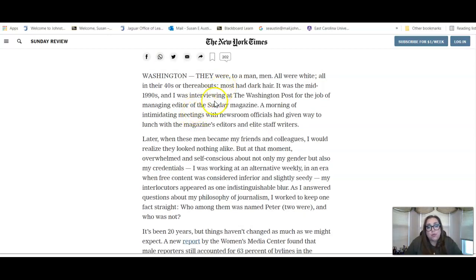Notice also with the op-eds that they start off with something kind of catchy, kind of conversational. This is more of a public kind of writing, a media form of writing. It's not as academic as you may do in your classes, but we're just looking at it to see how people utilize opinions, publish opinions on controversial topics. And then you're going to do that for your topic next week.